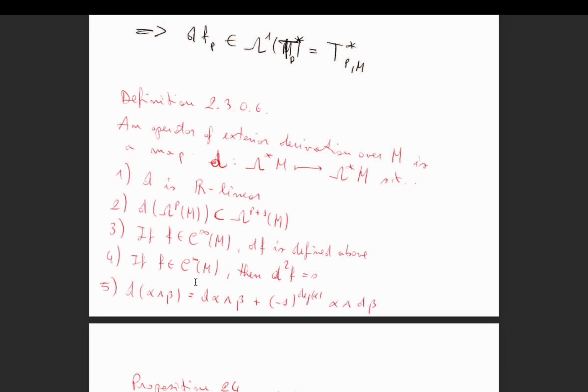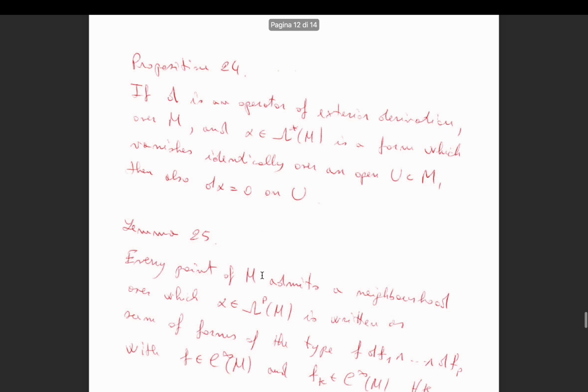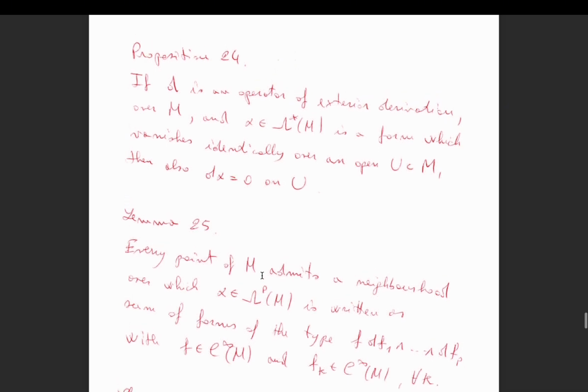And 5: if alpha and beta are two differential forms, then d of alpha wedge product beta is equal to d alpha wedge product beta plus minus 1 to the degree of alpha wedge product d of beta. Now, if U is an open set of the manifold M such that the form alpha is vanishing on U, then d of alpha is equal to 0.